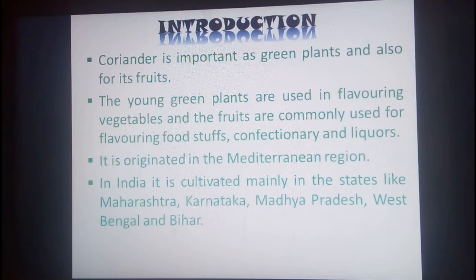This crop plant originated in the Mediterranean region. In India, coriander is usually cultivated in states like Maharashtra, Karnataka, Madhya Pradesh, West Bengal, and Bihar.